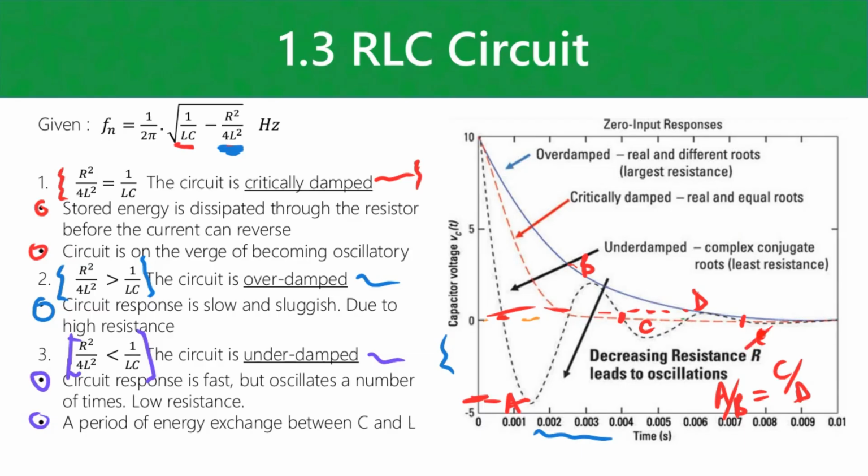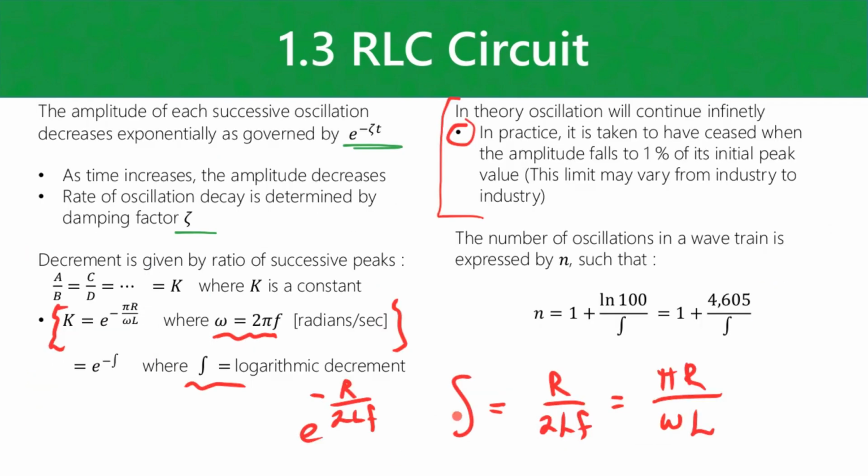And then we can essentially ignore peak E and any other subsequent oscillations from there on. This is just to make it a bit more practical when you apply these systems in the field. So if peak E was 1% of the peak value, then that will be considered as our 1% of our initial peak value.